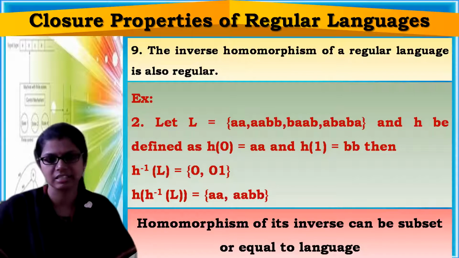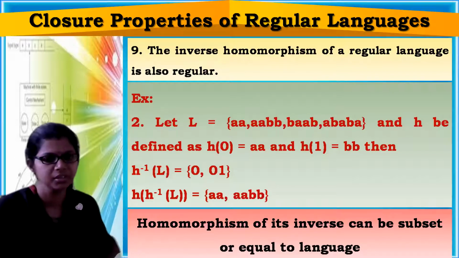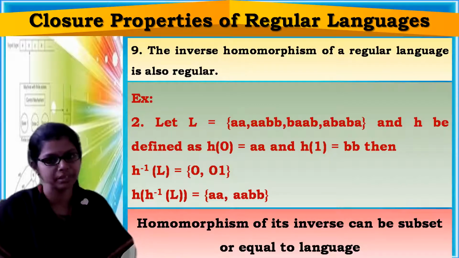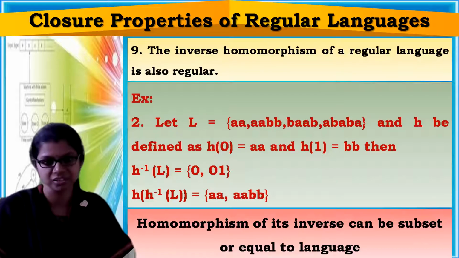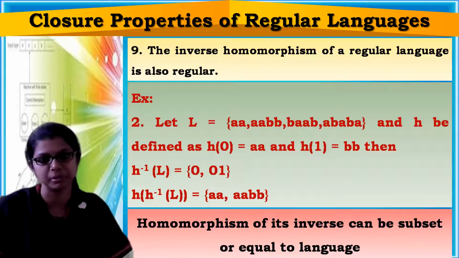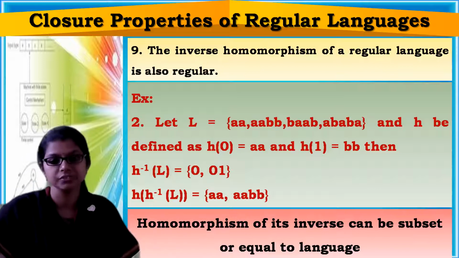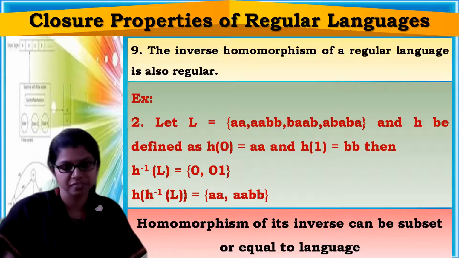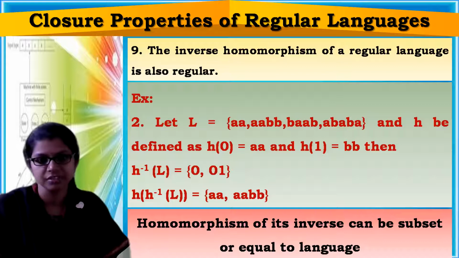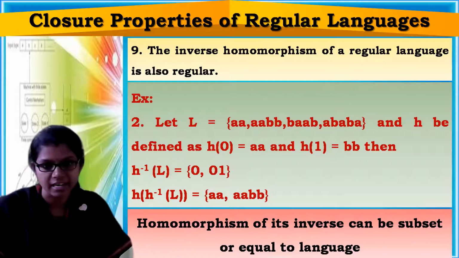Let us see one more example regarding inverse homomorphism. Now, let L equal AA, AABB, BAAB, ABABA. This is our language. And our homomorphism function is h of 0 is AA, h of 1 is BB. Then the inverse homomorphism function applied to our L will give 0, because AA is represented by 0.